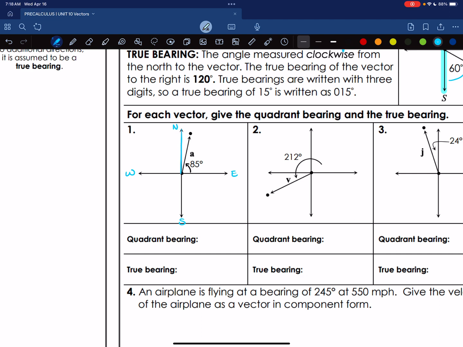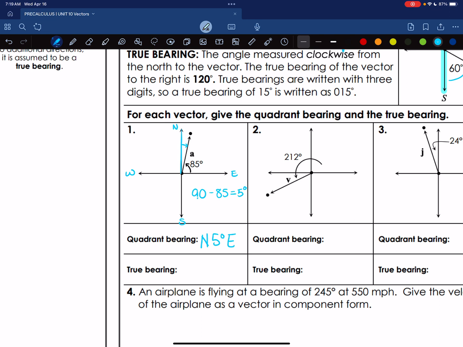So my quadrant bearing is going to be from north. How many degrees am I going to have to move? I'm going to have to move over this amount, which is just the remaining amount to go. If right here was 85, then all that's left is 5 degrees. So you'd be moving 5 degrees, that little piece that's missing, in the eastward direction.